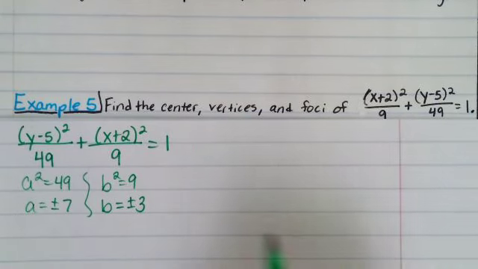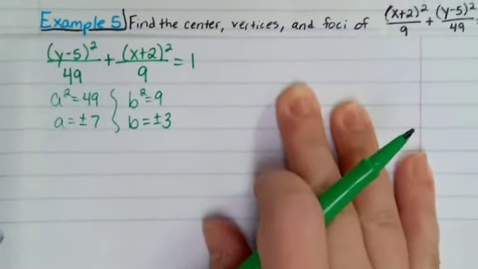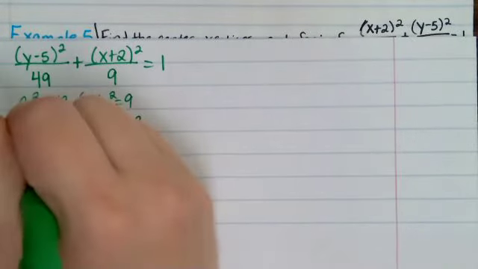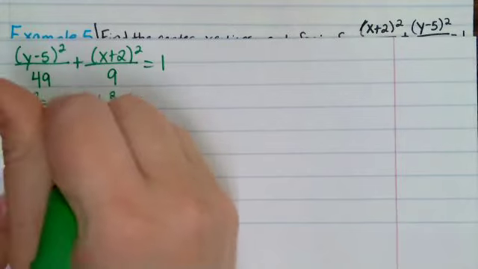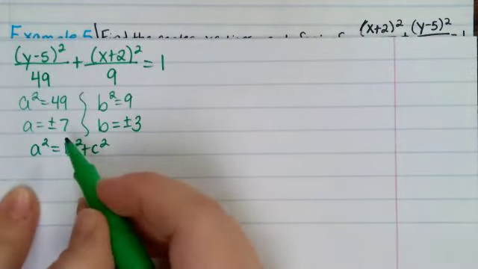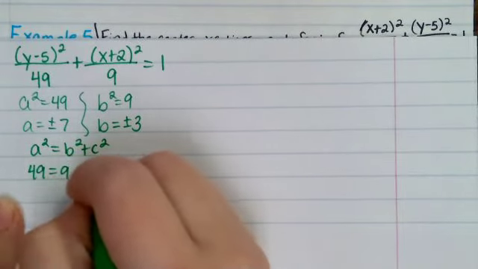And then to get the foci, I'm going to need to know that C value. So let's find the C value by using that A squared equals B squared plus C squared situation. A squared equals B squared plus C squared. Okay, so that's 49 equals 9 plus C squared.